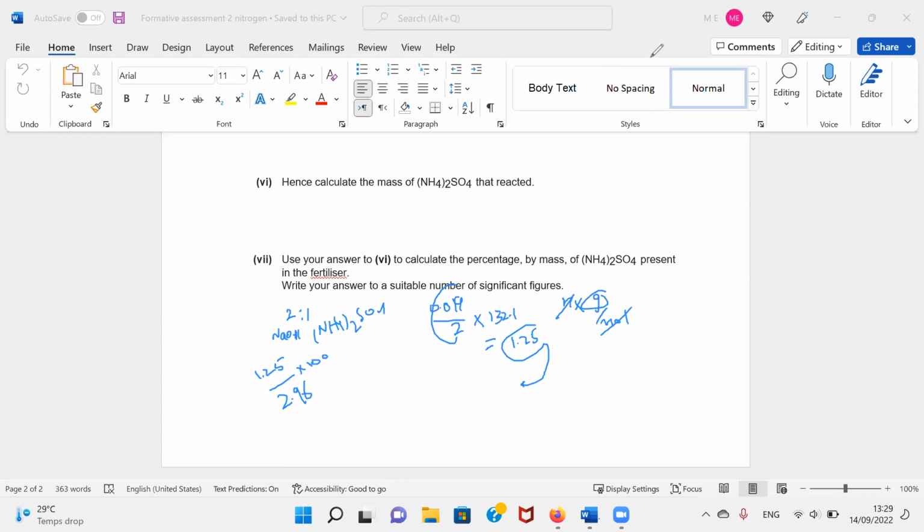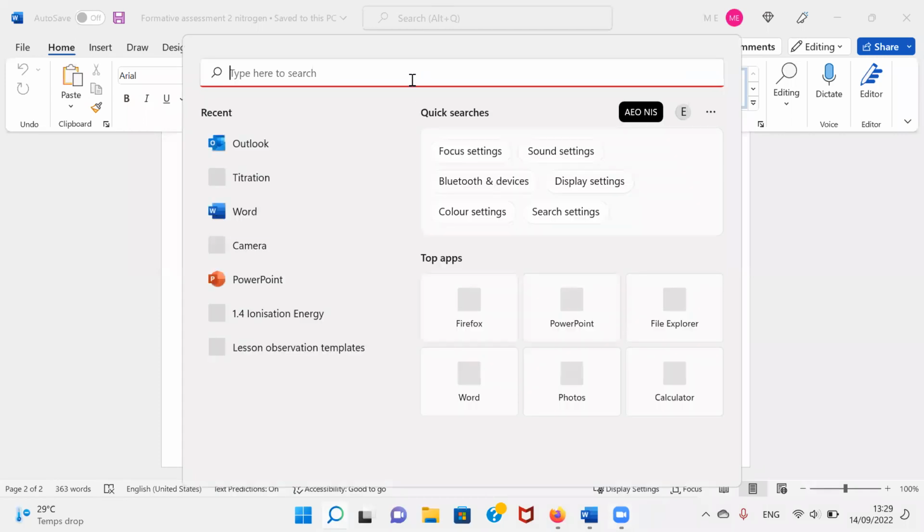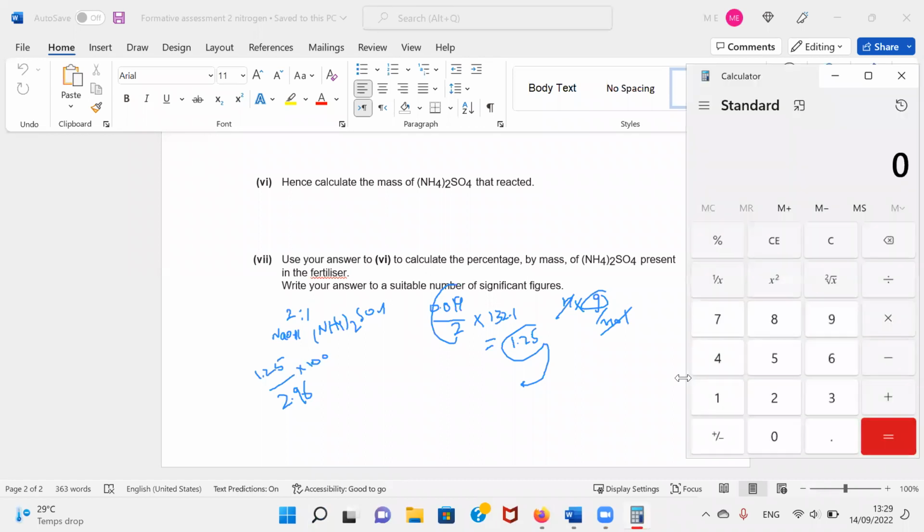So that is 1.25 divided by 2.96 times 100.